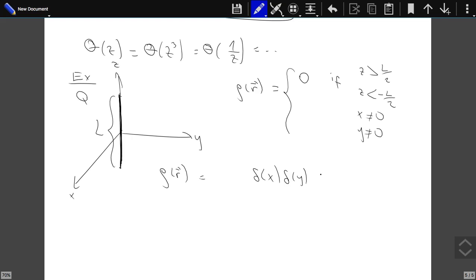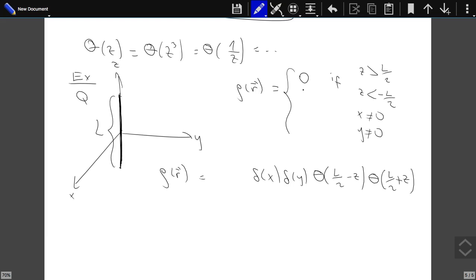And then we should have this step function, theta of L over 2 minus z, because it should be 0 if z is larger than L over 2. And we should also have a step function, theta of L over 2 plus z, because it should be 0 if z is less than minus L over 2. So if there are these Dirac deltas and step functions, then at least the zeros match.